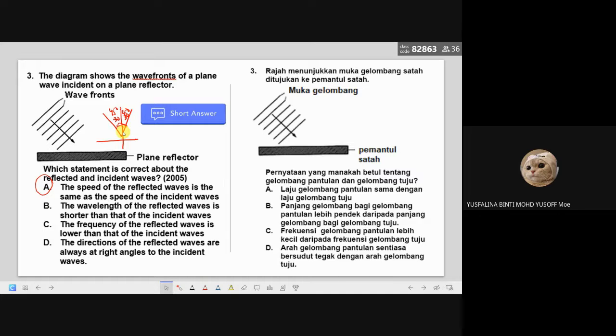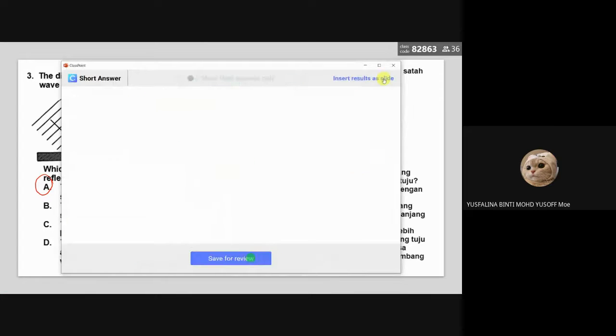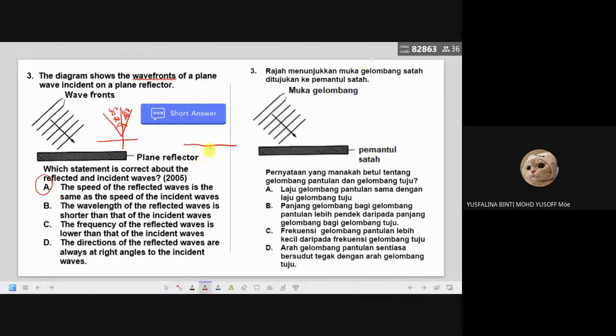Please remember that one. It doesn't have to be a right angle. The right angle is actually between the normal line and the surface. The normal line is at 90 degrees to the surface.